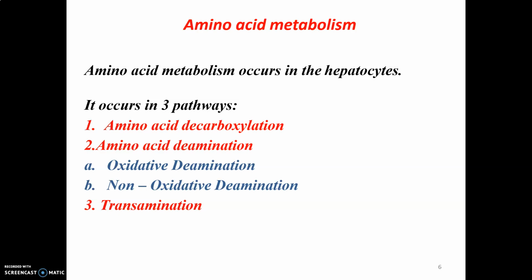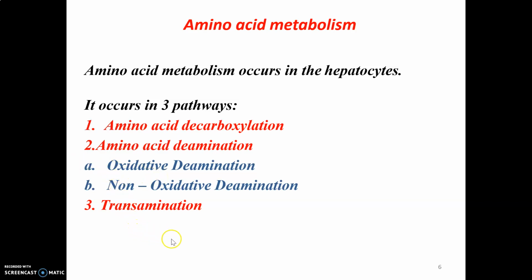We get this nitrogen in proteins from so many nitrogenous substances. So the main purpose of this protein metabolism is that this nitrogen, which is in the form of NH2 group, has to be eliminated because a lot of this cannot be stored in the blood.